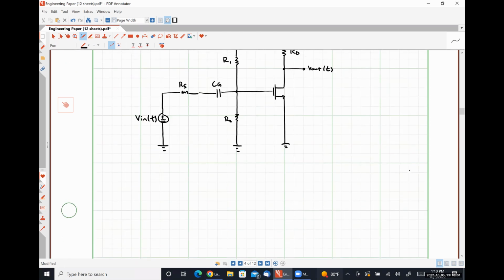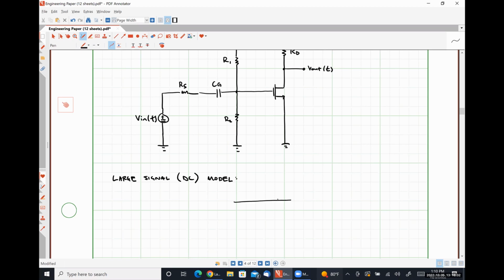So our large signal model would look something like this. In our large signal model, we are going to short circuit our small signal input voltage, and our coupling capacitors should look like an open circuit.